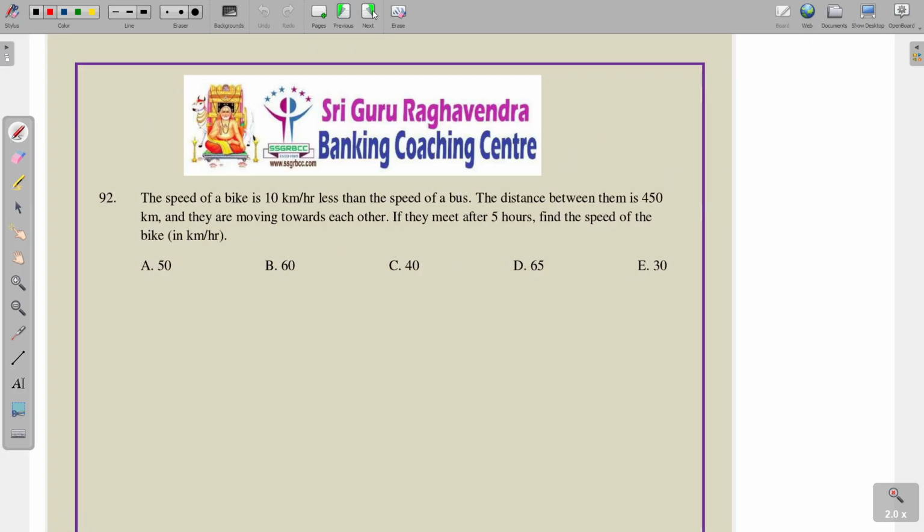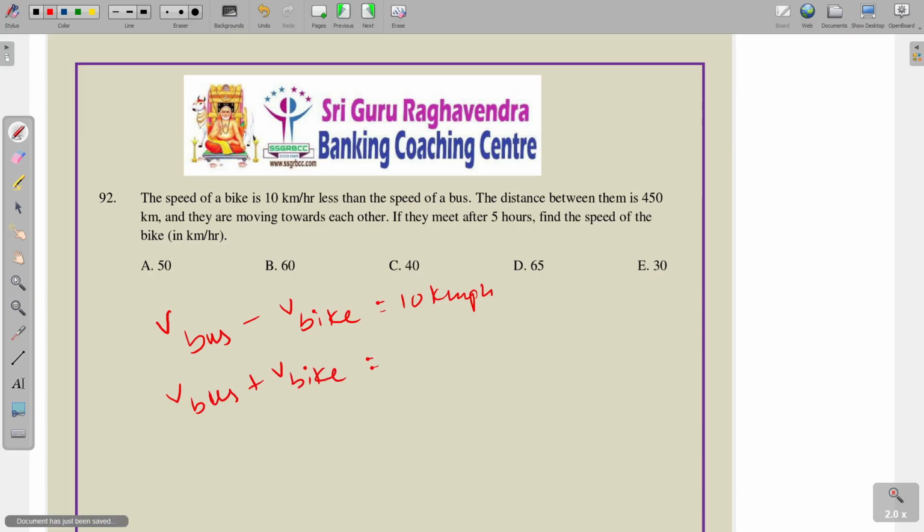The speed of the bike is 10 km per hour less than the speed of the bus, so bus speed minus bike speed equals 10 km per hour. The distance between them is 450 km and they are moving towards each other, so bus speed plus bike speed equals distance by time, 450 by 5, which is 90 km per hour.